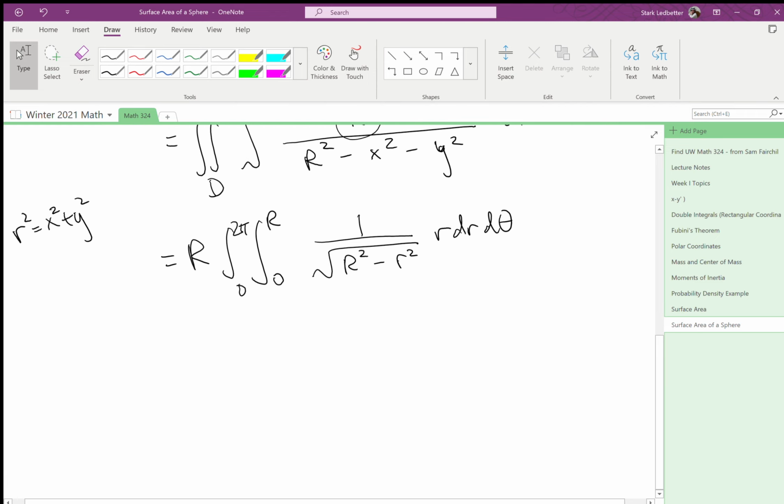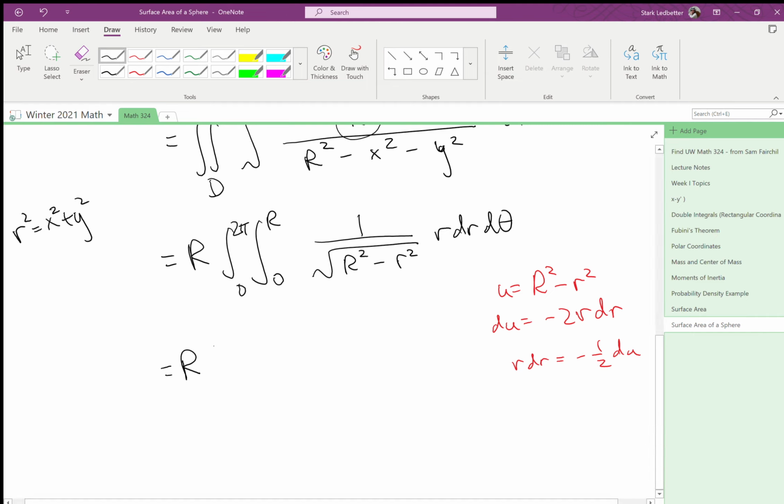Okay, now I can integrate. And this is not a bad integral. I need a u substitution. So u is, I'm going to make it big R squared minus little r squared. So then du, big R is a constant, so that'll be negative 2r dr, not d theta, dr. So then r dr will be negative 1/2 du. Okay, so I can make my substitution now.